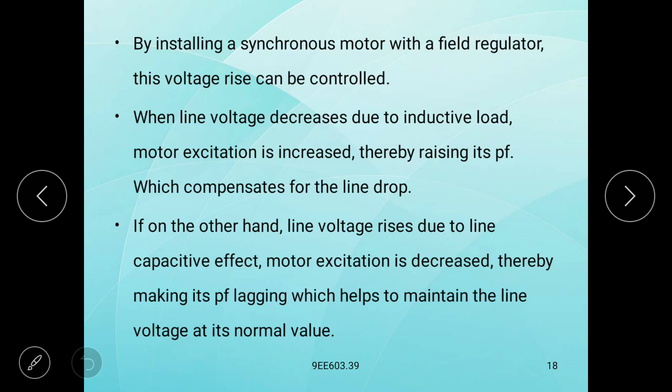If, on the other hand, line voltage rises due to line capacitive effect, motor excitation is decreased, thereby making its power factor lagging, which helps to maintain the line voltage at its normal value.